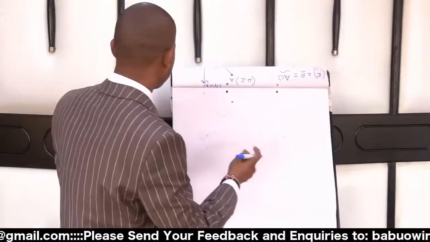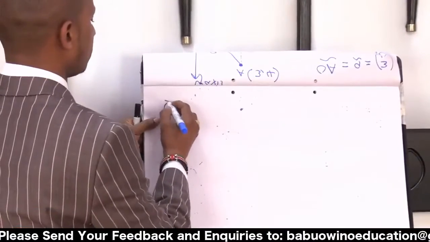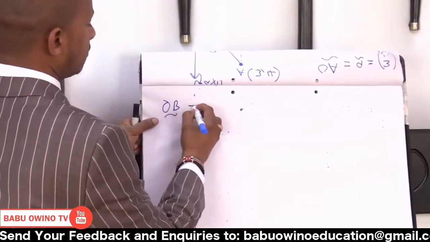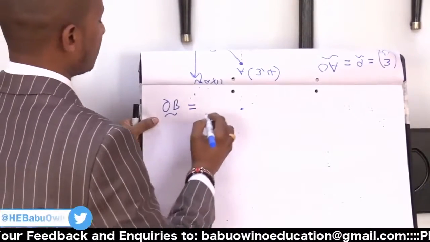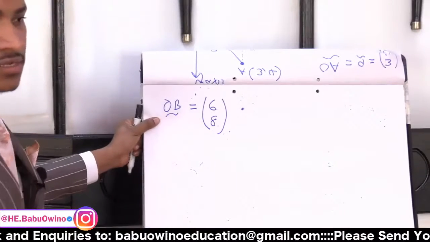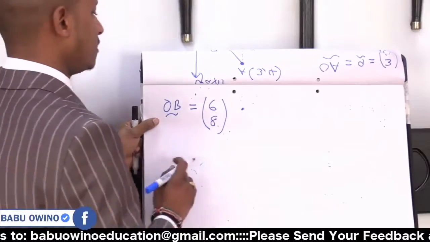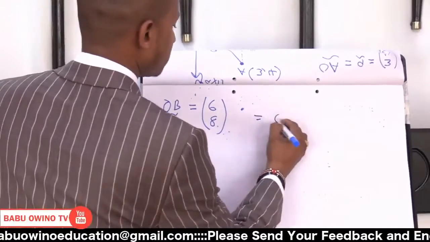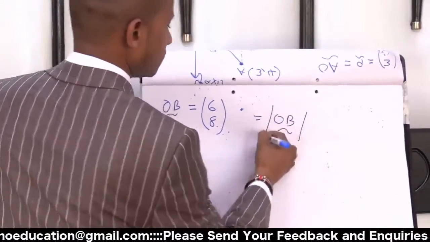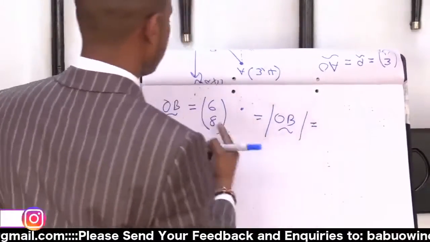So another example: if you are given a vector OB having a column vector (6, 8), and you are told to find the modulus or the magnitude of this vector. This one is just simple. It will be the modulus of OB. Make sure you include this sign. This sign means magnitude or the length or the size.